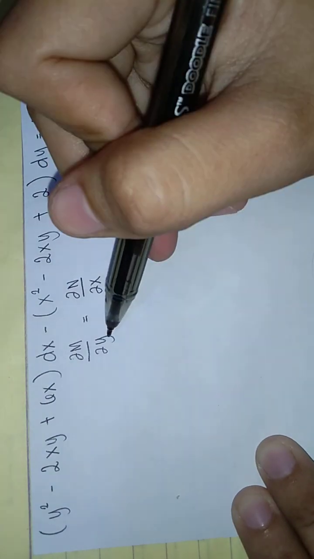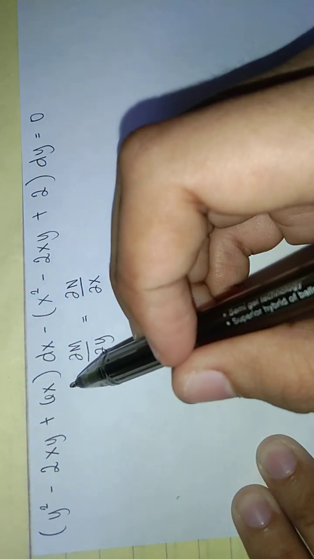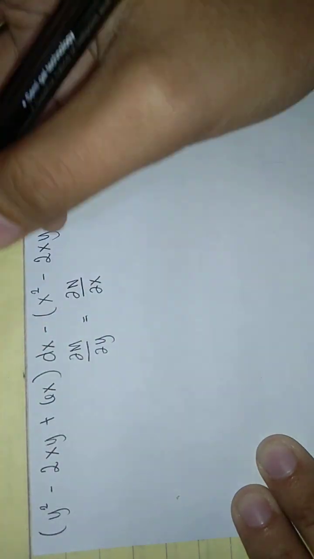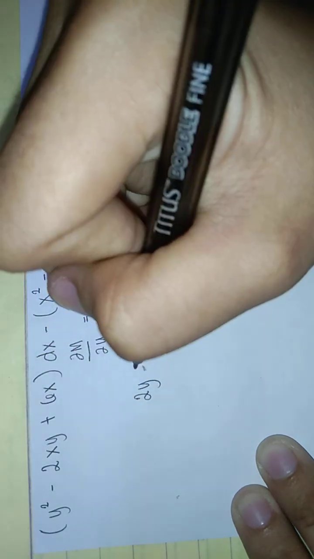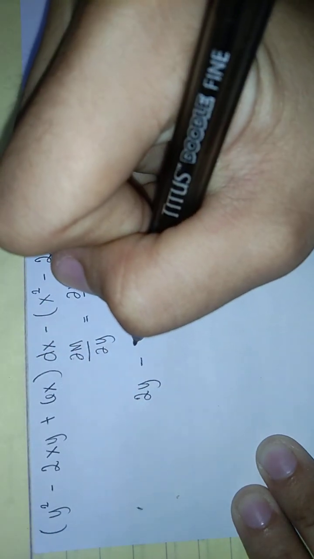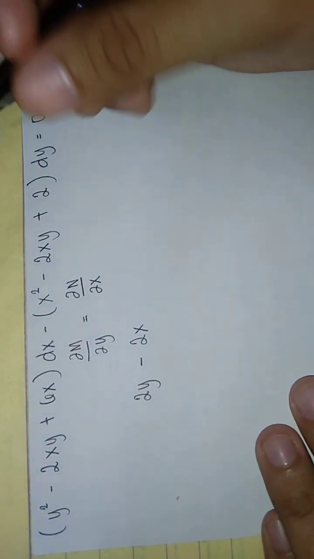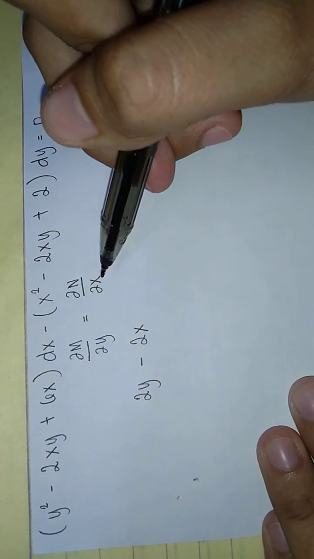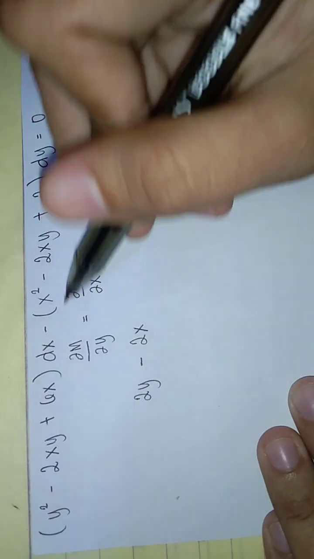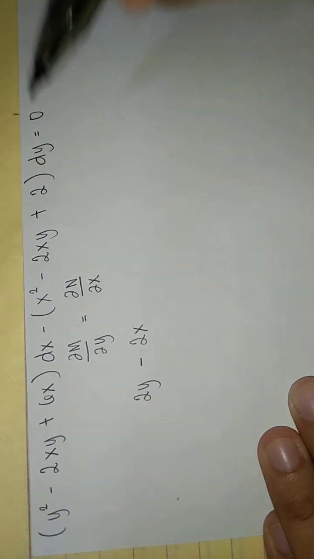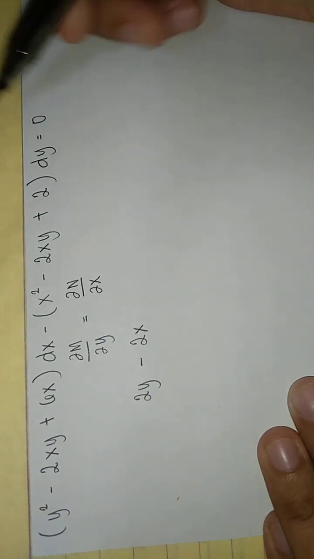First, we need to solve for this one by using this equation and deriving this with respect to y. And let's solve this using this equation and deriving this one with respect to x.